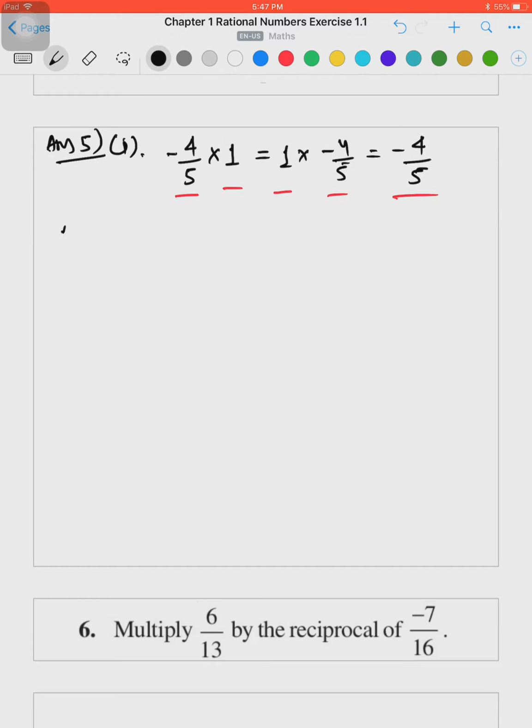So the property used here is that 1 is the multiplicative identity of rational numbers. Hence this is the property which is used here.